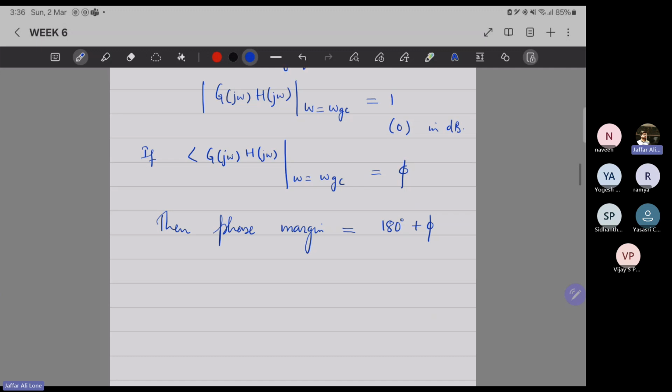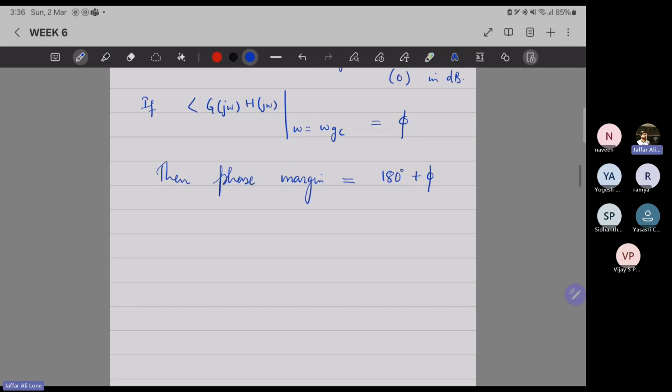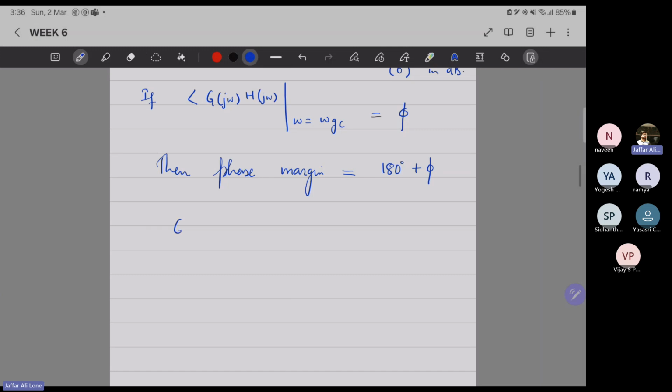Now I told you that gain margin is the amount of gain that is required to bring a system to the verge of instability. If I say my gain margin is infinite, what does it mean? What does it imply physically?